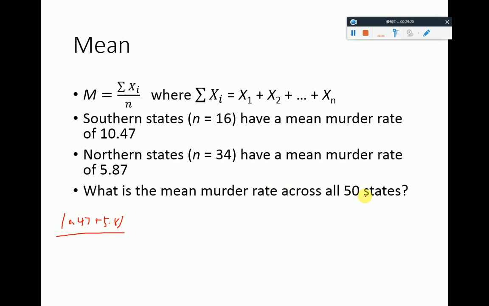The total is across all 50 states, so 50. Okay, we just need to compute these values.